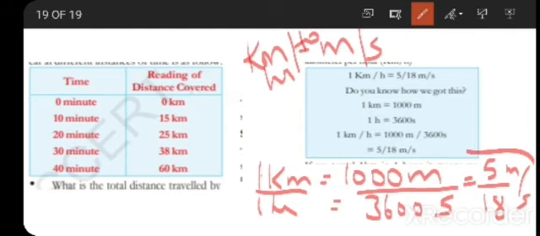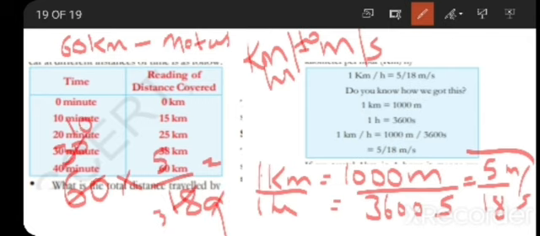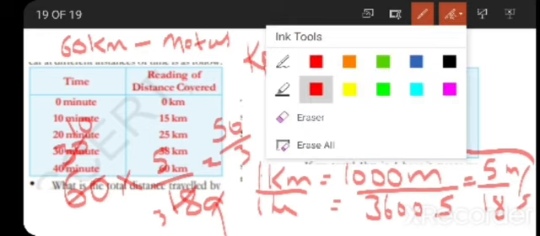Suppose I want to convert 60 kilometers per hour. Directly I will do 60 into 5 by 18. 2 9s are 18, 3 3s are 9, 3 10s are 30. So we get 50 by 3. 50 divided by 3 gives you meter per second.